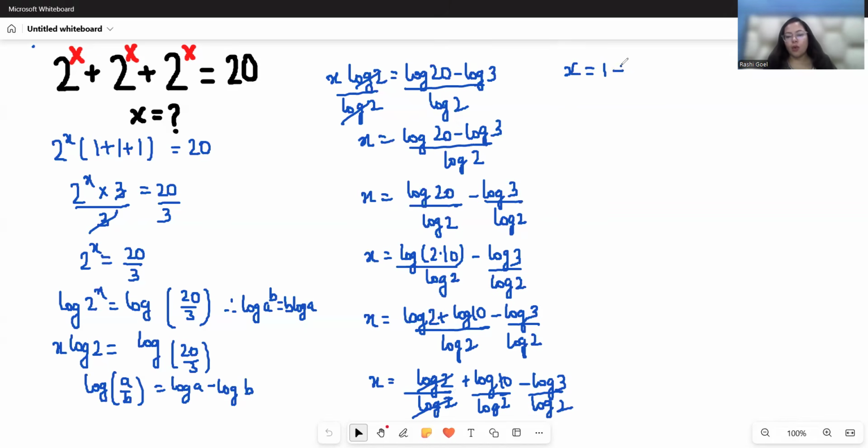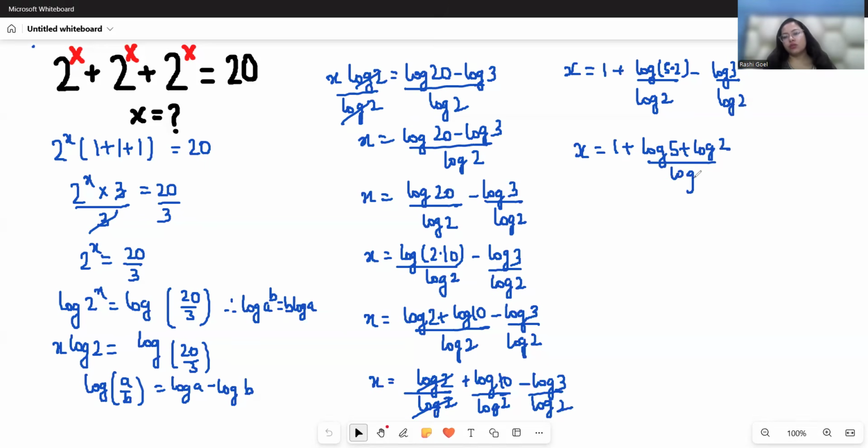x equals 1 plus log 10, I can write it as 5 times 2, by log 2 minus log 3 by log 2. So x equals 1 plus (log 5 plus log 2) by log 2 minus log 3 by log 2.